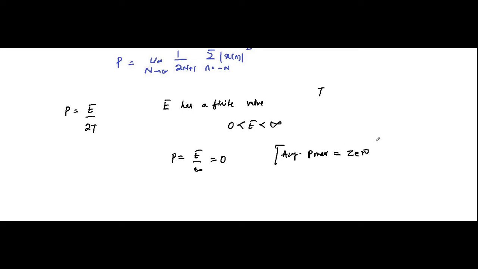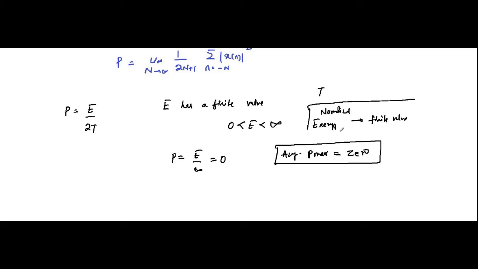So these 2 points are very critical. Always remember, average power 0, normalized energy, it has a finite value. These 2 points.